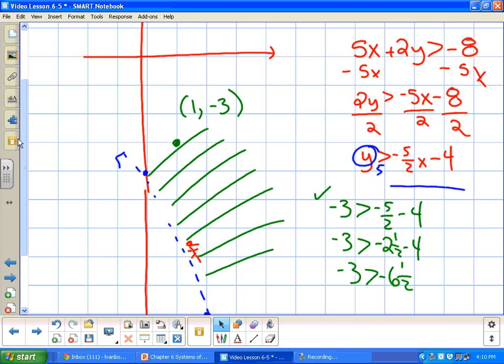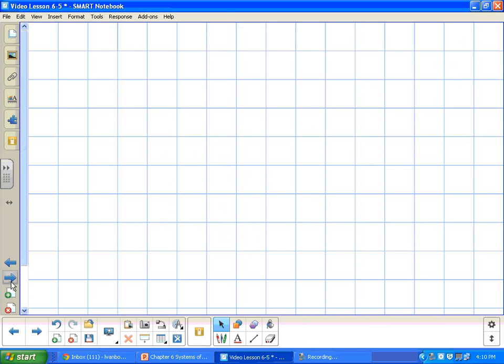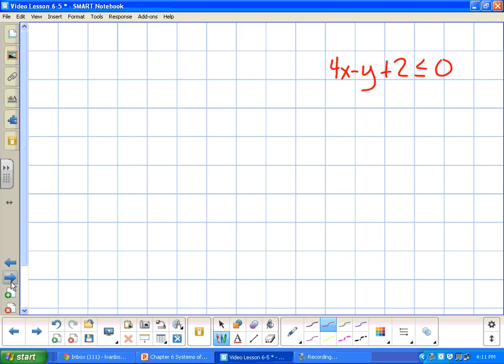Let's try one more. So the inequality we're going to start with is 4x minus y plus 2 less than or equal to 0. I want to get y by itself. The simplest way to do that is to simply add y to both sides. That gives me 4x plus 2 is less than or equal to y.